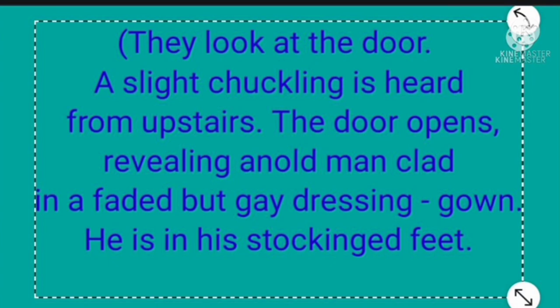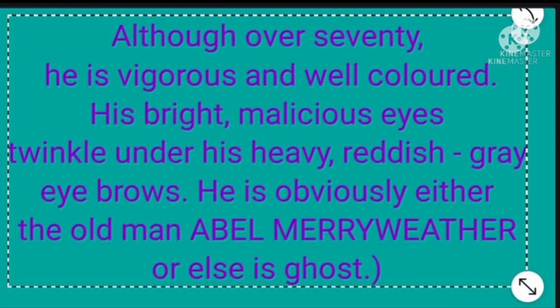He is in his stockinged feet. Although over 70, he is vigorous and well colored. His bright, malicious eyes twinkle under his heavy, reddish grey eyebrows. He is obviously either the old man Abel Merriweather or else his ghost.